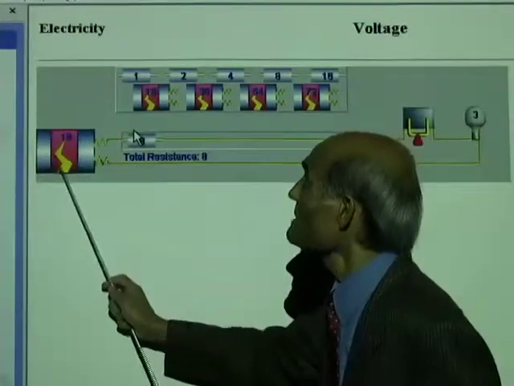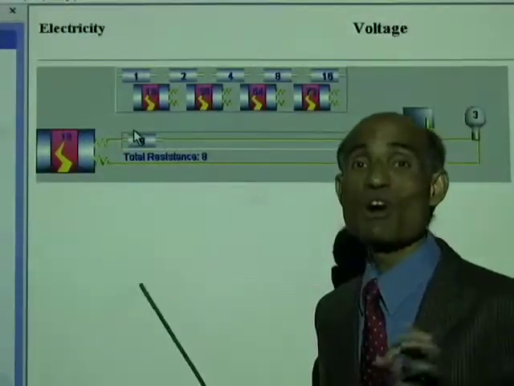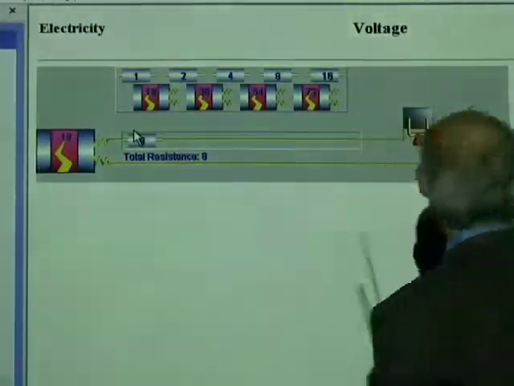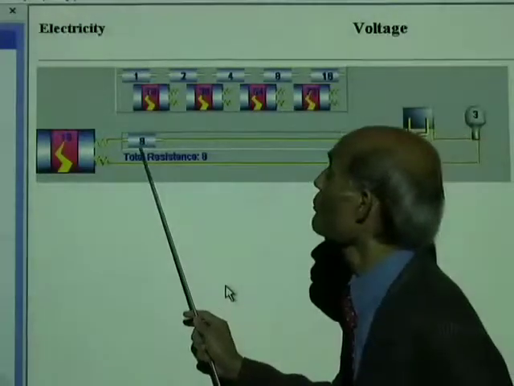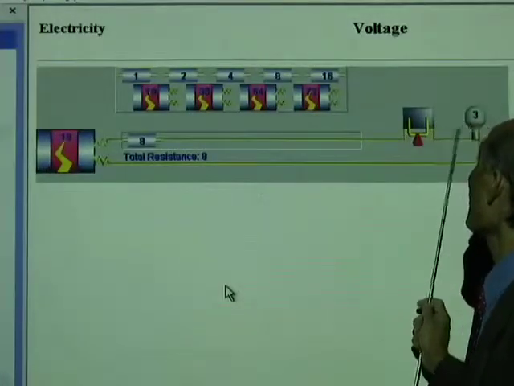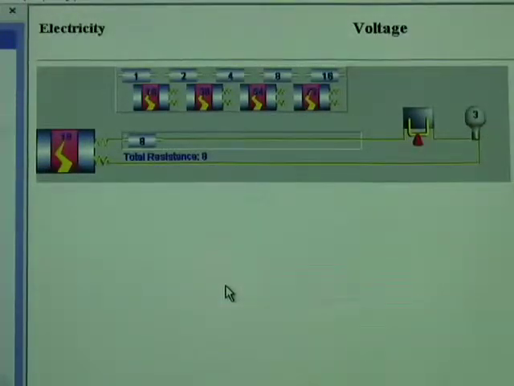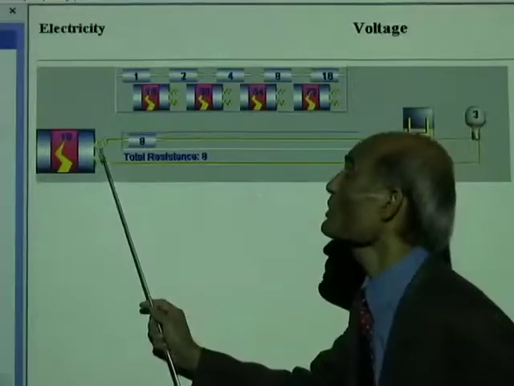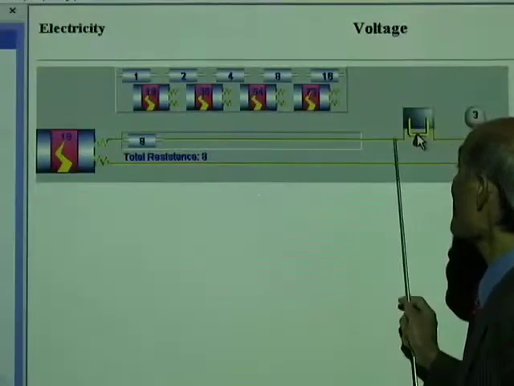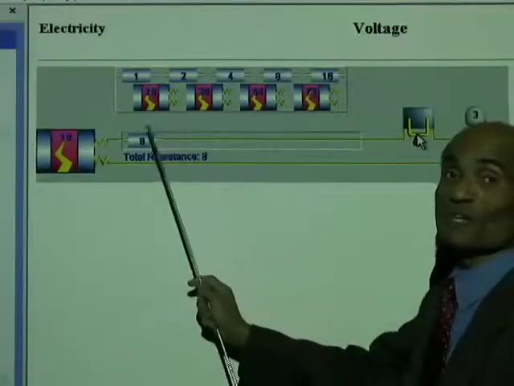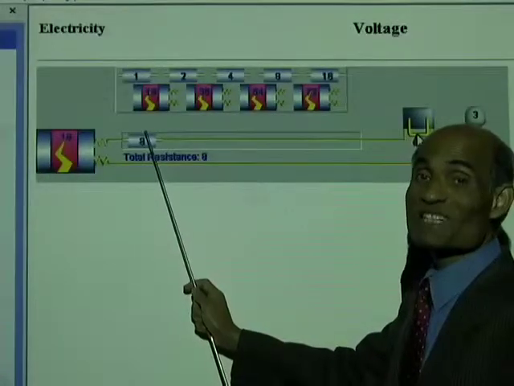Now, tell me, I have a cell that will provide a voltage of 18 volts, and I have used a resistor of 8 ohms. Tell me, will the bulb blow off? Well, actually I need to close that switch. You can see the switch closing will not blow the bulb. Tell me, what is the current now in this conductor? The current in this resistor will be the same as the current flowing in the bulb, because you remember we talked about series connection.